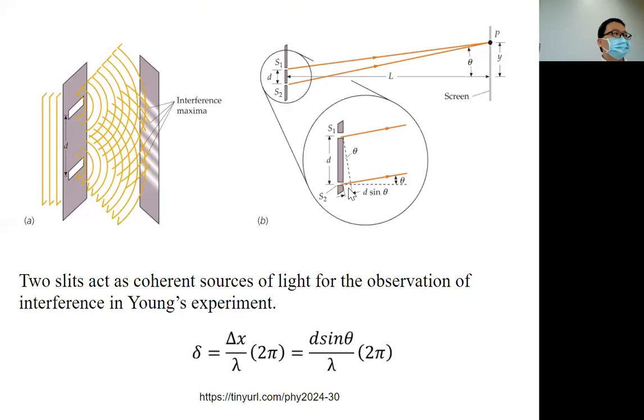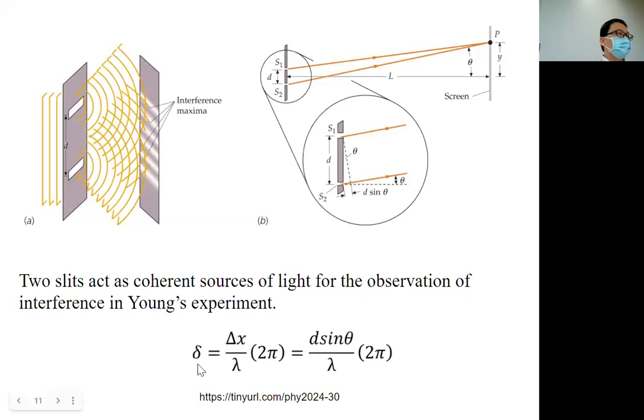According to geometry, it will be d sine theta. d is the separation of the two slits, and theta is the angle that the line from the two slits to here makes with the horizontal.